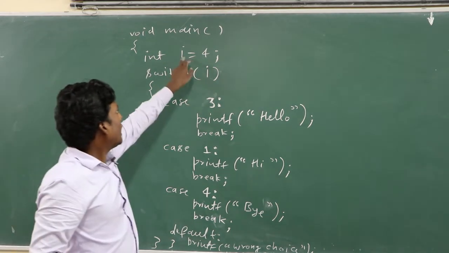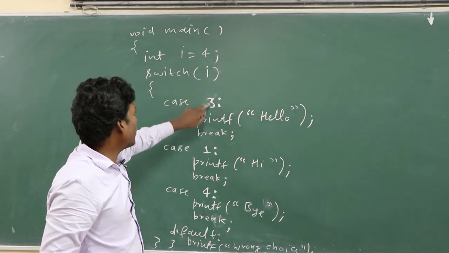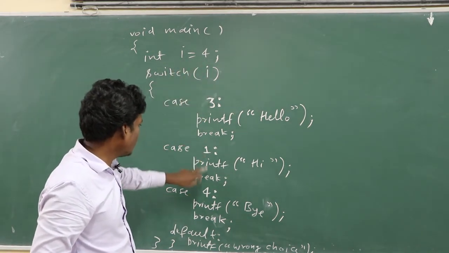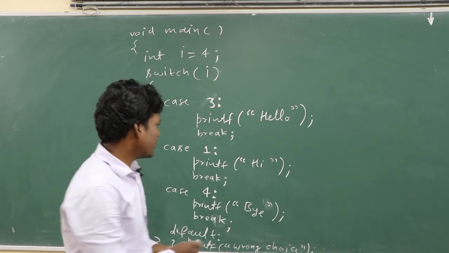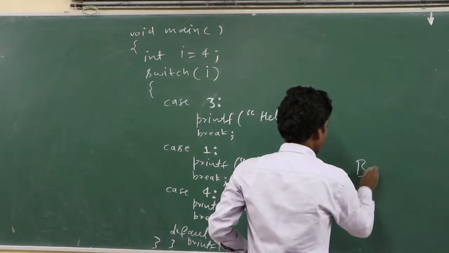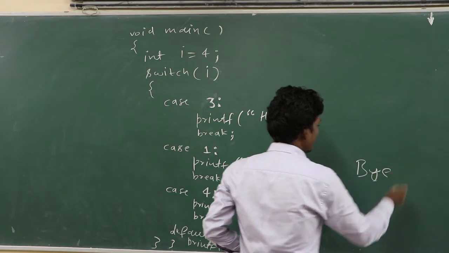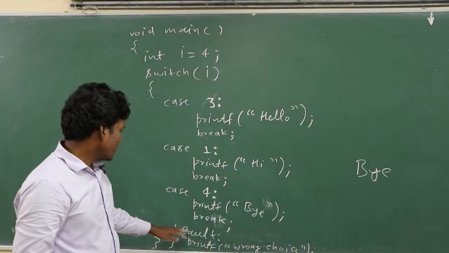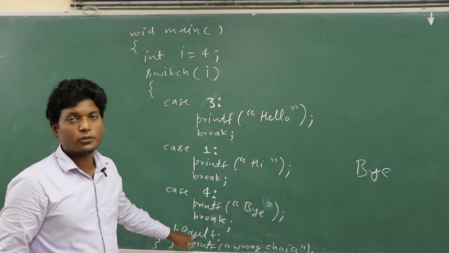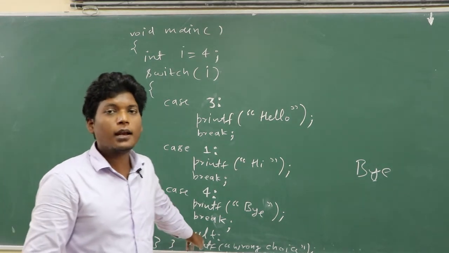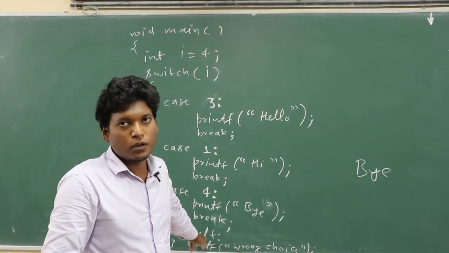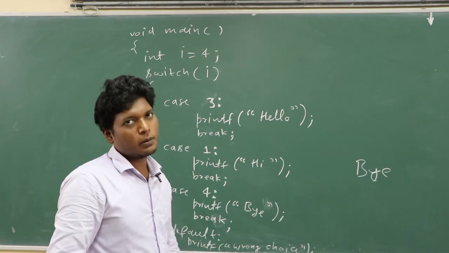So I have 4. Here 4 matches 3, no. 4 matches 1, no. 4 matches 4, yes. Result is bye. Output is bye. Okay, in this case default will not execute. Default executes when none of the switch cases is true.